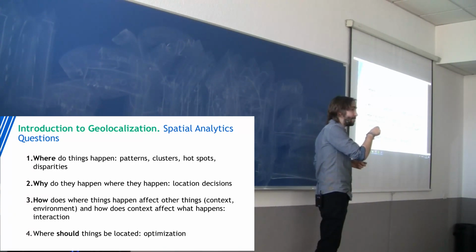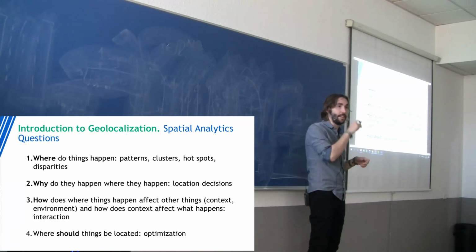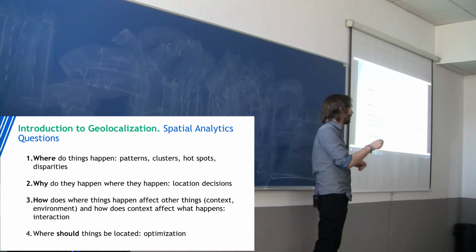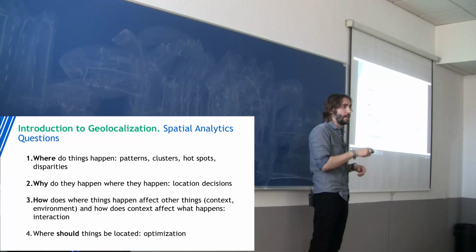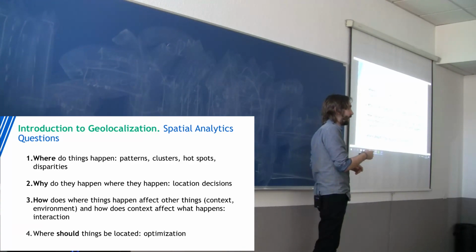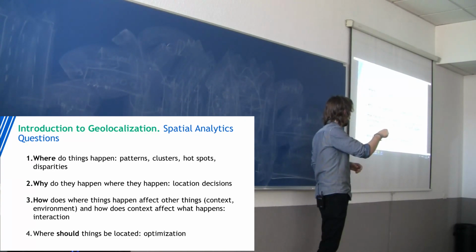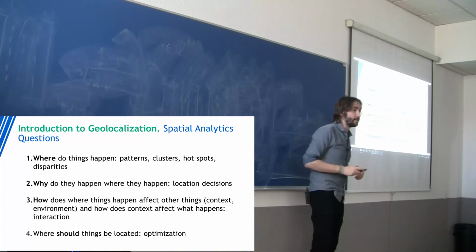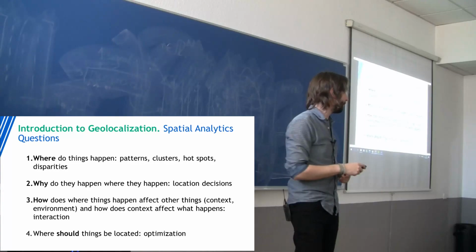If we want to recognize patterns that are only there because they are located somewhere, we need to apply different operations to the data. It's not like working with time series. It's something a bit different, or clustering, or hotspots or disparities? Or why do they happen? Where they happen? That's something that we would like to answer as well.